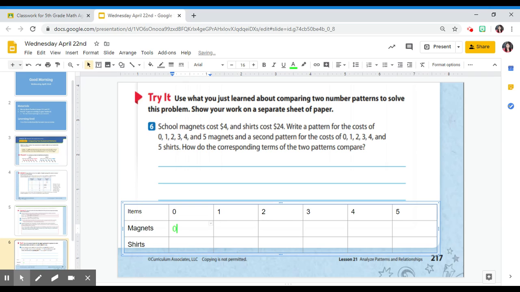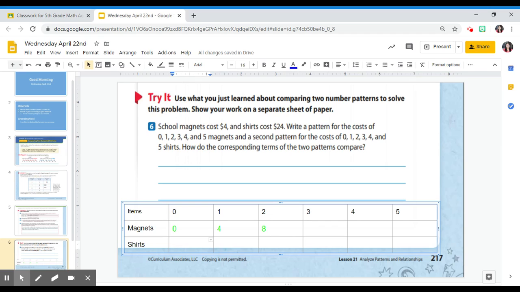All right. If I bought 1 magnet, well, then I would pay $4 because 1 magnet costs $4. And then if I bought 2 magnets, I would have to add $4 to this $4 to get a total of 8. So I want you to finish up the pattern there for magnets, and I will do the next pattern for shirts.